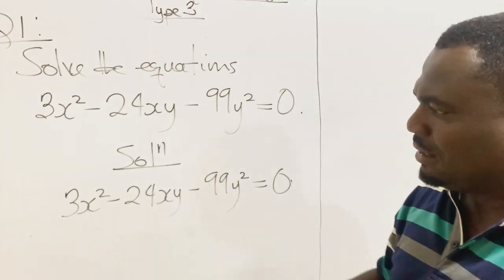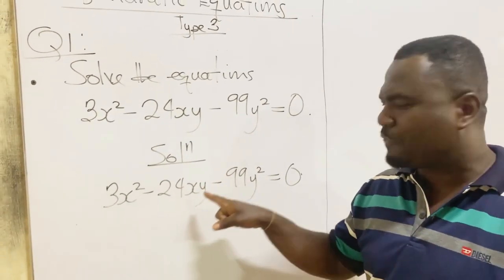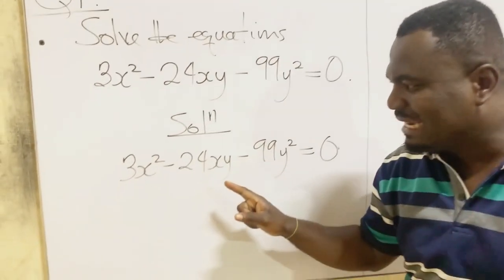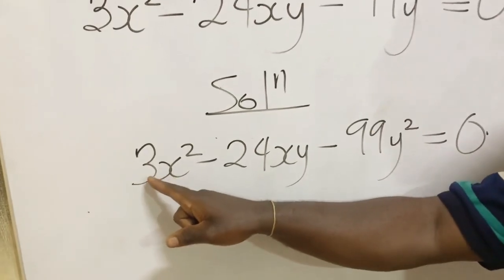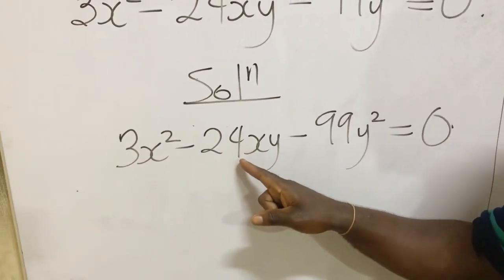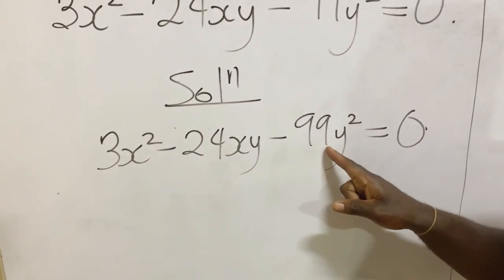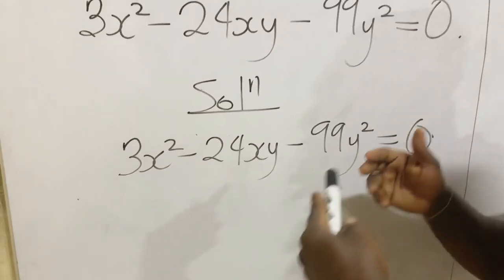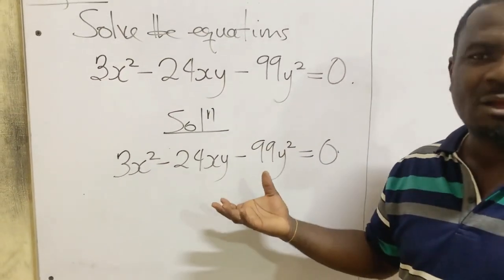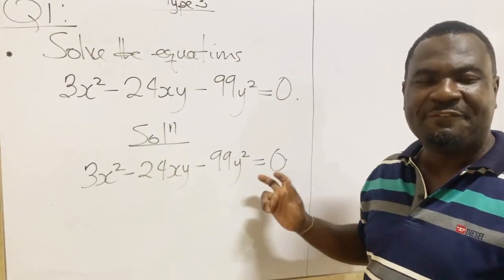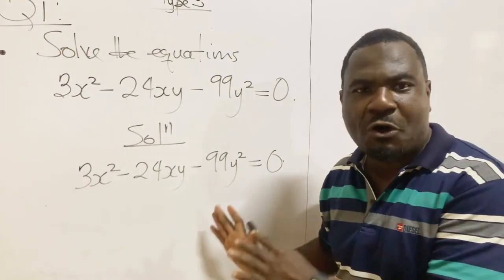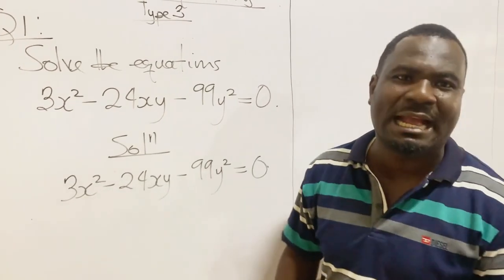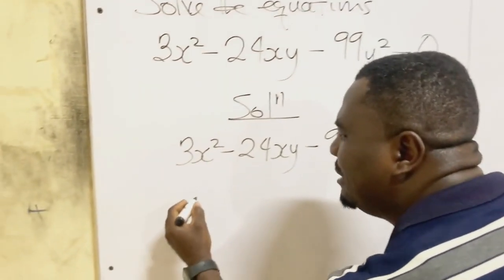But remember, you could see that with this type 3 quadratic equation, the first term, which is 3, can go into 24 and at the same time can go into 99. So in that case, you have to reduce the terms given in the equation first before you solve the quadratic equation using the calculator.